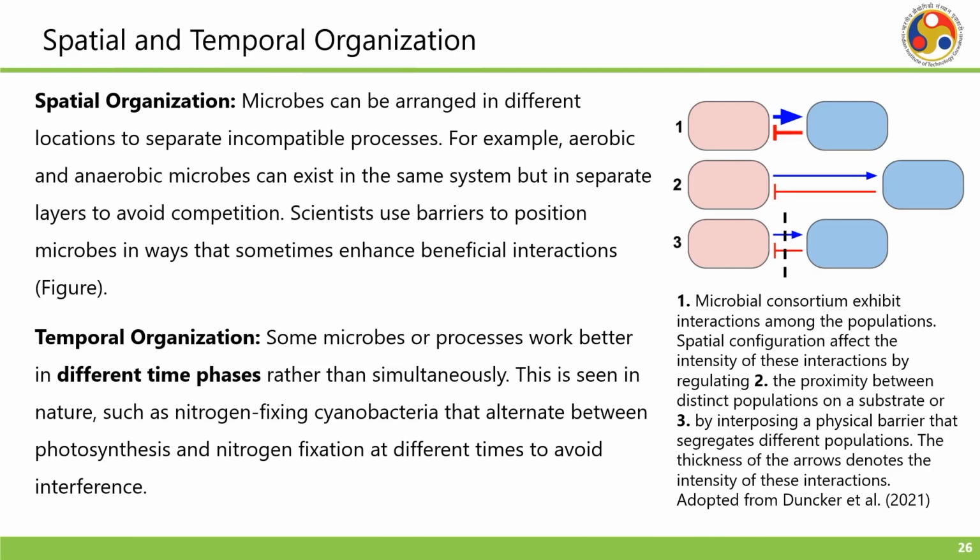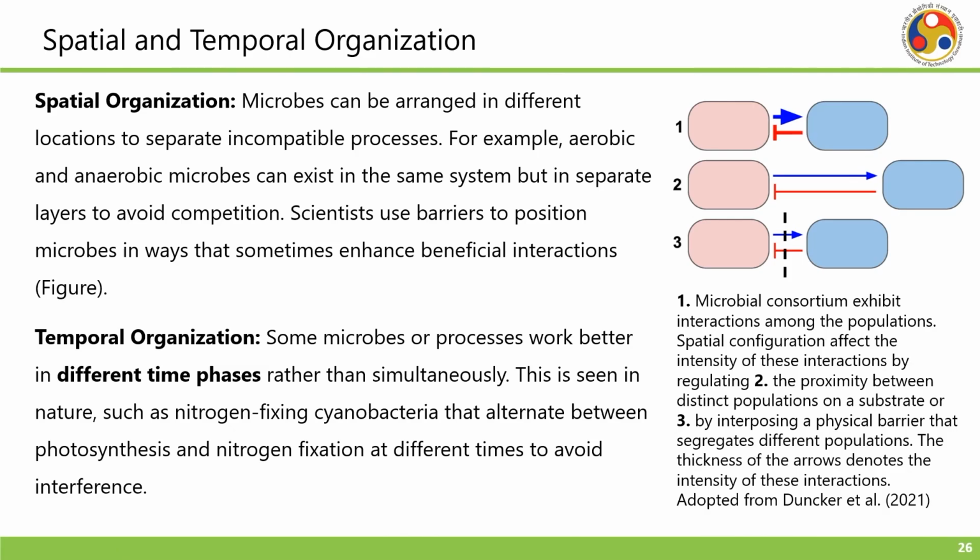Then in number 2, we can see the proximity between distinct populations on a substrate, or in number 3 by interposing a physical barrier, as you can see over here, that segregates different populations. The thickness of the arrows denotes the intensity of these interactions.